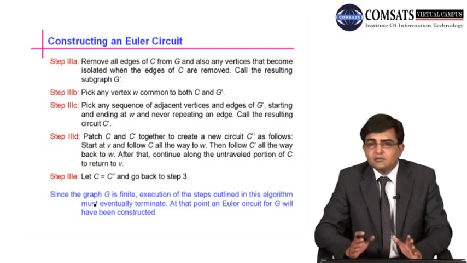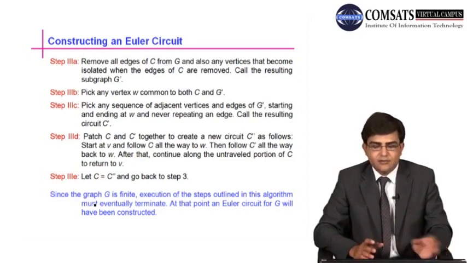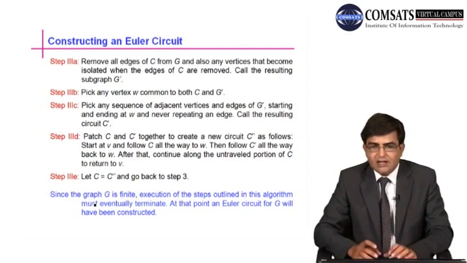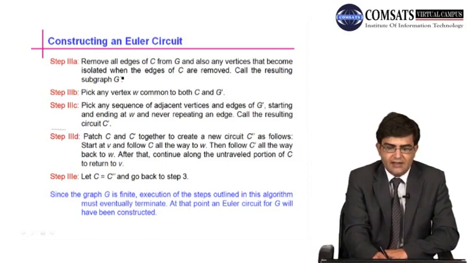The resulting graph which is left after removing all the edges in that circuit and the isolated vertices, we call this graph G dash.